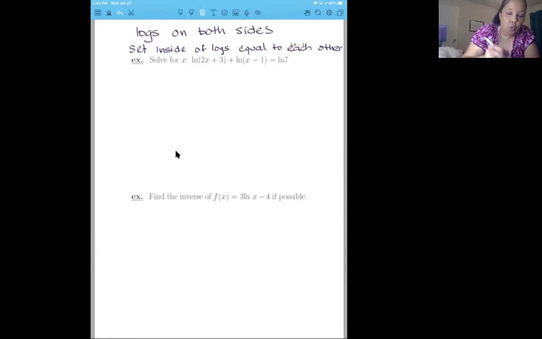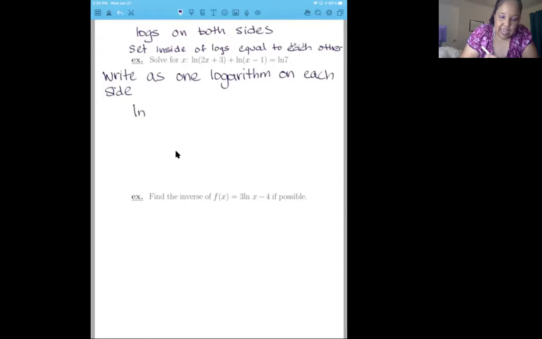You need to write as one logarithm on each side. So on the left side, I'm going to write it as natural log of 2x plus 3 times x minus 1 equals natural log of 7.